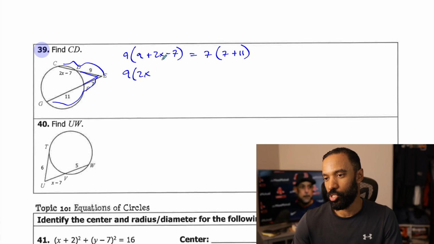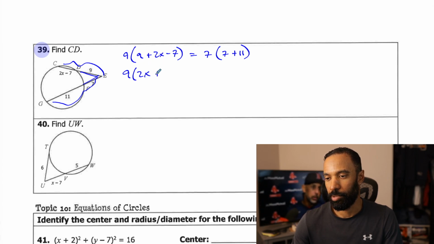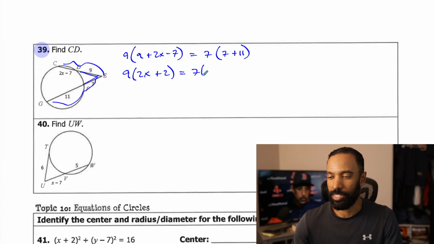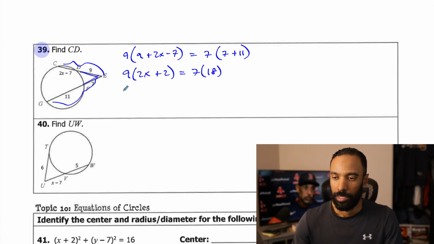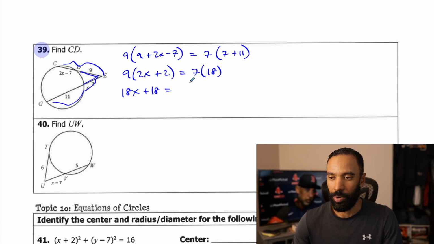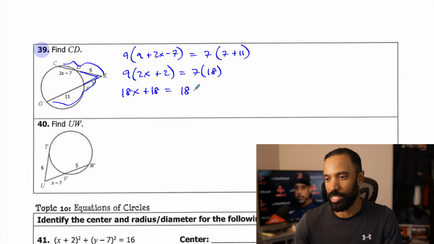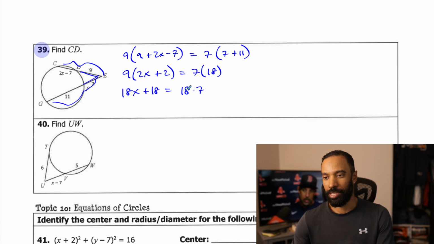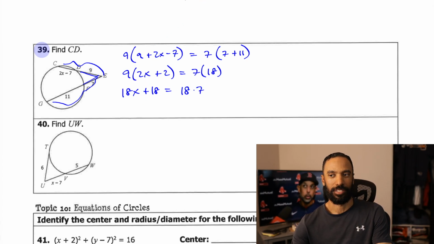This is 9 times 2x plus 2 equals 7 times 18. 18x plus 18 equals, that's a lot of 18s. I'll tell you what. Let me leave it as 18 times 7, because what if I just divide everything by 18?